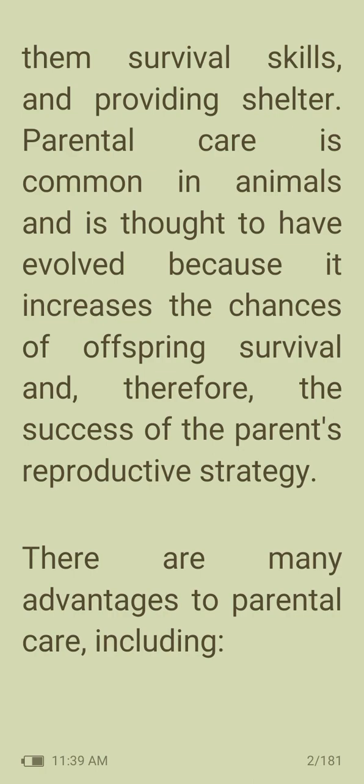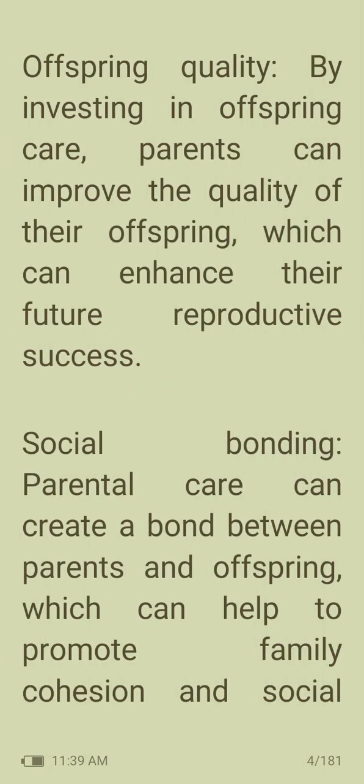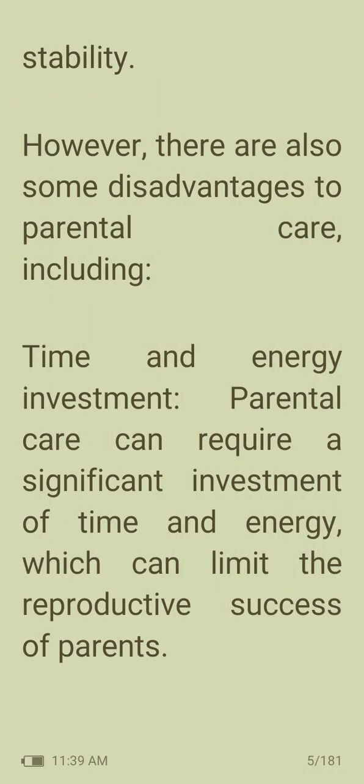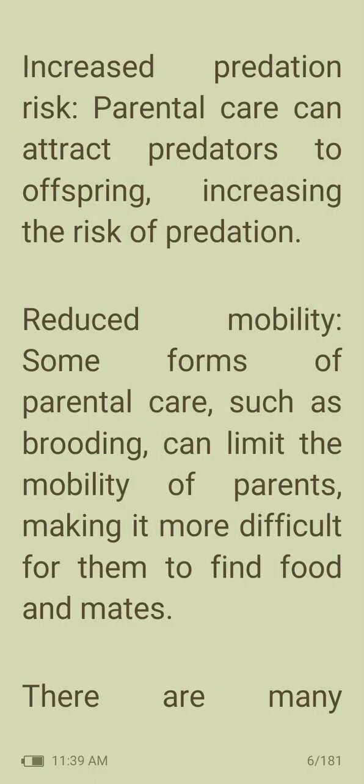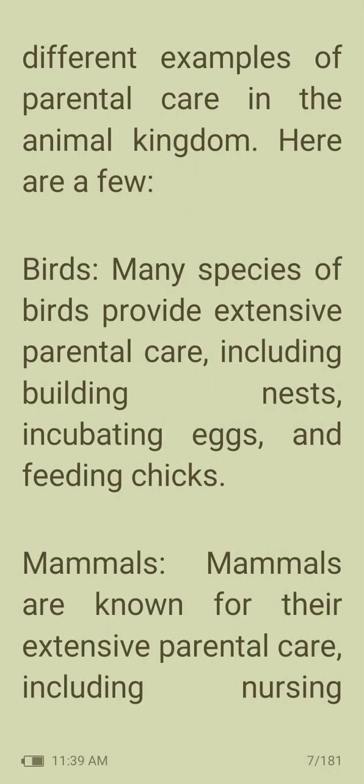There are many advantages: the increased survival rate, enhanced reproductive success, offspring quality, and social bonding. There are also disadvantages, like time and energy investment, reduced mobility, and increased predation risk. There are many different examples of parental care in the animal kingdom.